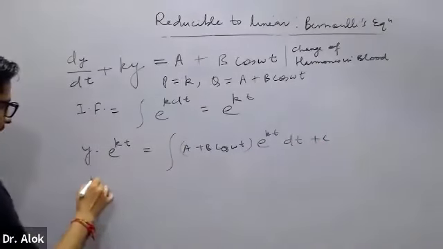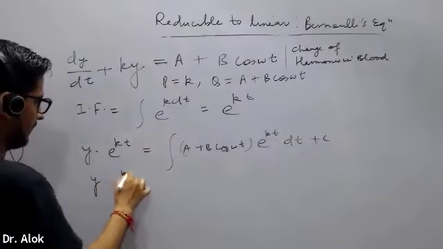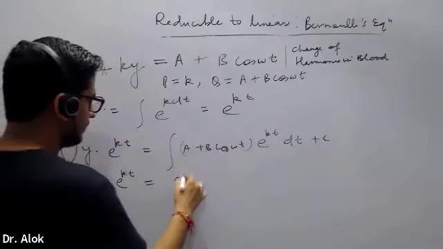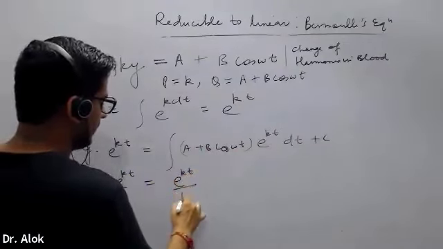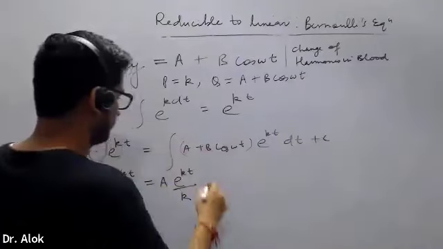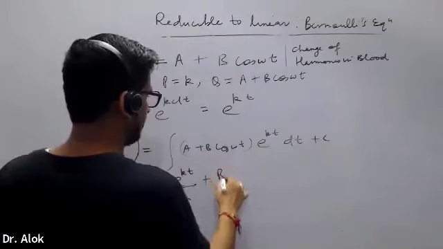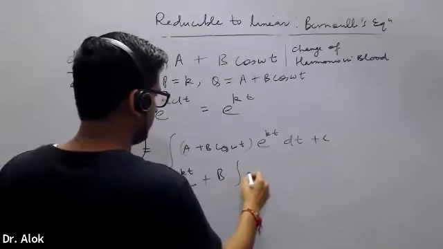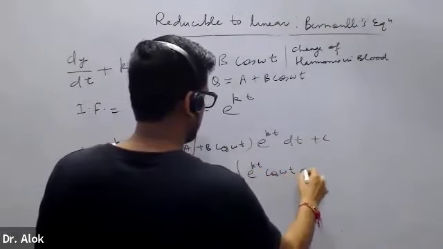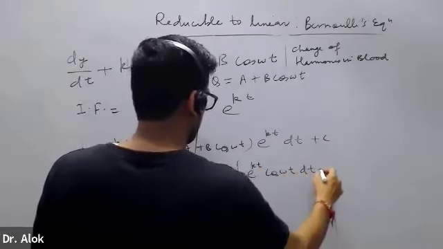So y into e to the power kt is equal to, the integral of this will be e to the power kt by k times a, plus b times integral e to the power kt cos omega t dt, plus c.